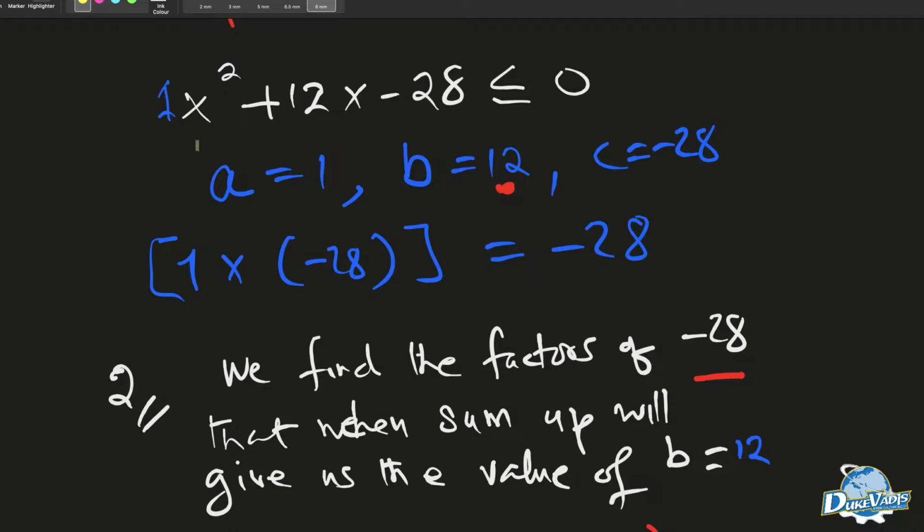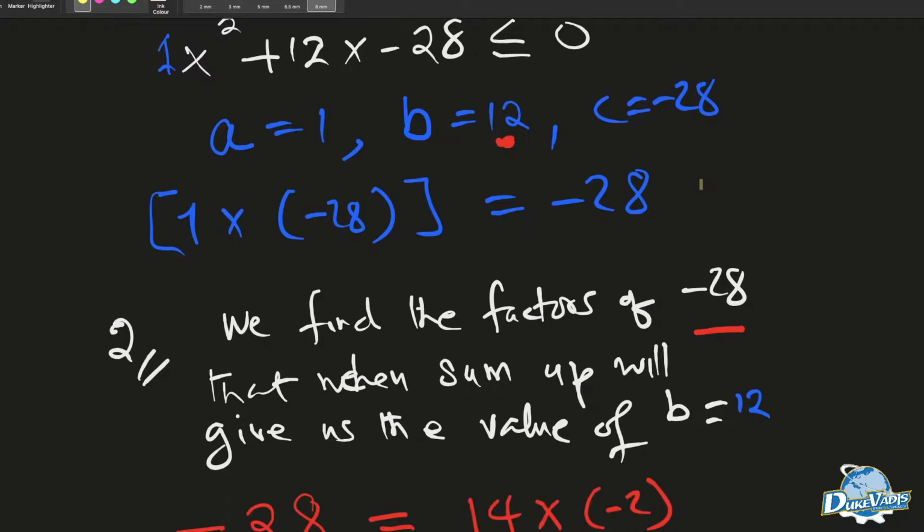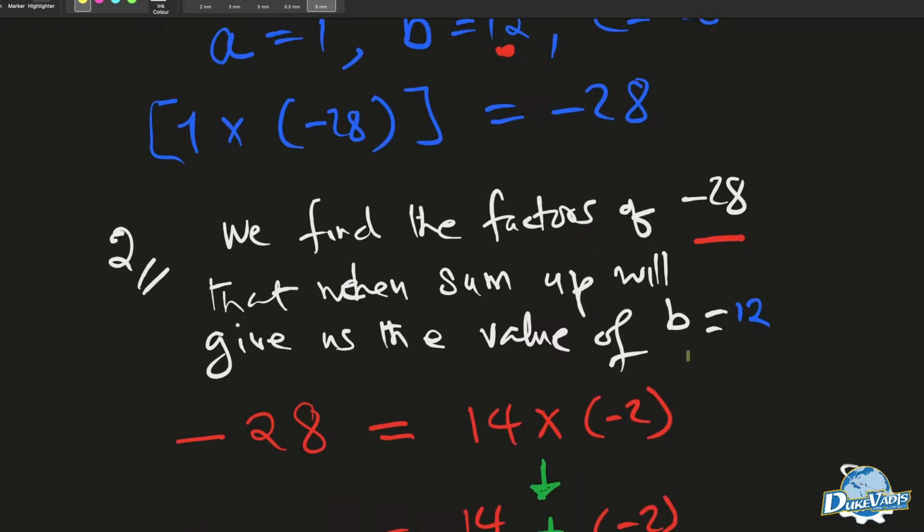So our coefficient of x squared is 1. Our constant is negative 28. So we find the factors of negative 28, which multiply to give negative 28. We realize that 14 times negative 2 will give us negative 28.